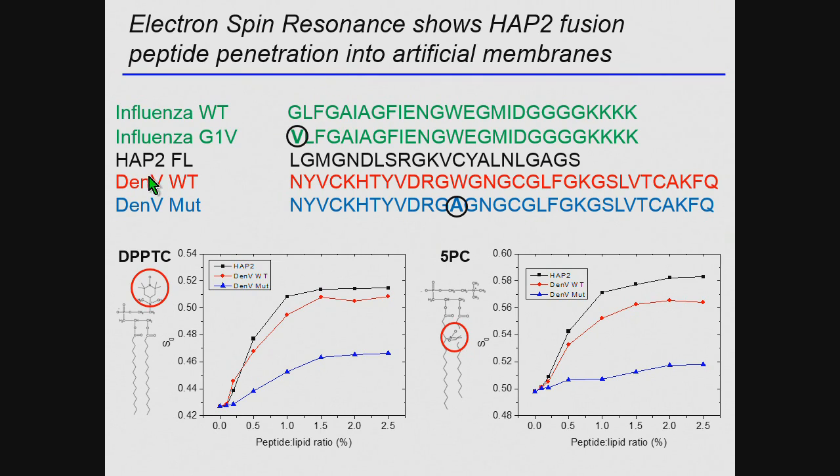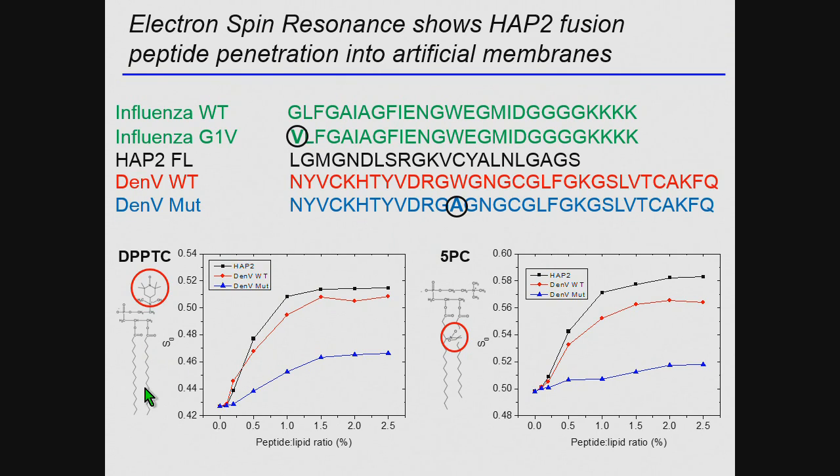And so we synthesized the HAP2 fusion loop peptide along with controls being the wild type dengue viral fusion loop, influenza fusion loop wild type, and then mutants of these viral peptides that are known not to interact with the membranes in these assays or in functional studies.